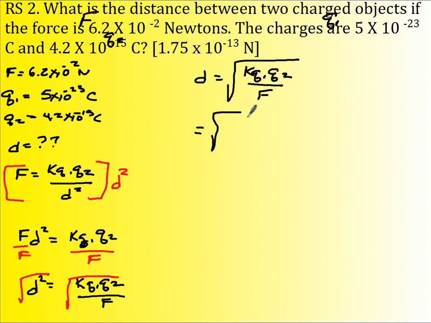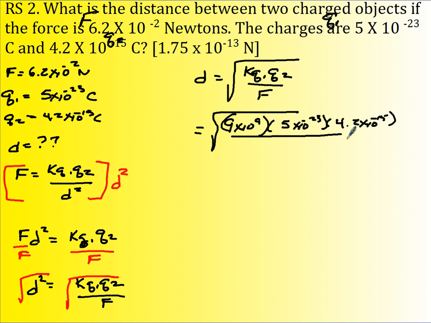So this is the square root of 9 times 10 to the 9th, Q1 is 5 times 10 to the negative 23, 4.2 times 10 to the negative 15 divided by the force, which is, what was my force? 6.2 times 10 to the negative 2. Now go on and type these in.